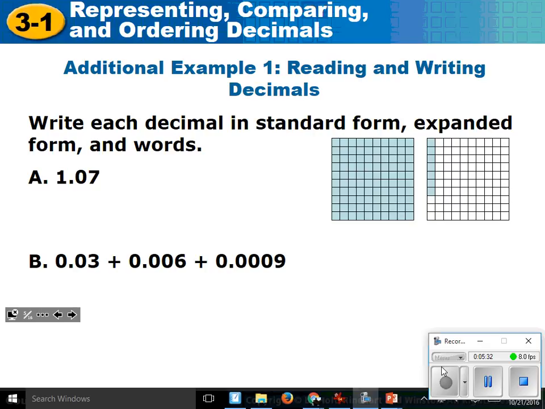So, in standard form, this one is, and I'm going to have you guys get working on stuff in a second here, 3.0369. How do I say that? Brett?